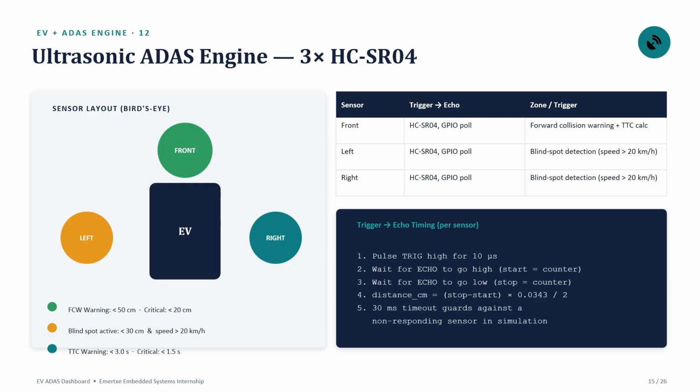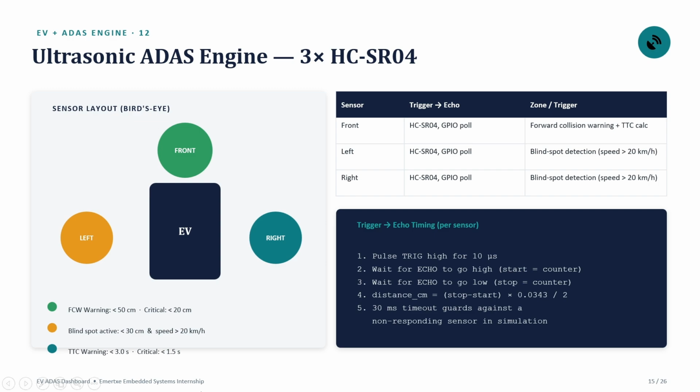Front collision warning works if the gap between the front car and our EV is less than 50 centimeters, and it goes critical if it's less than 20 centimeters. Blind spot warning triggers at less than 30 centimeters when the speed is greater than 20 km per hour. Time to collision warning triggers if the time to collision between the two cars goes less than 3 seconds, and critical if it goes less than 1.5 seconds.